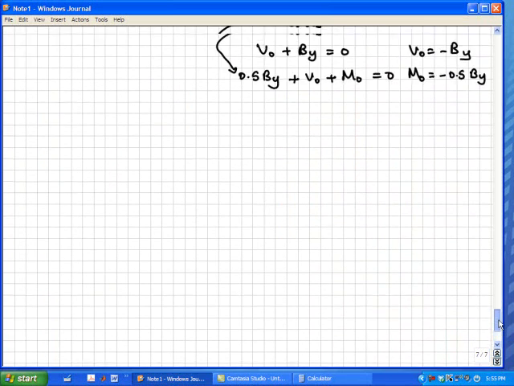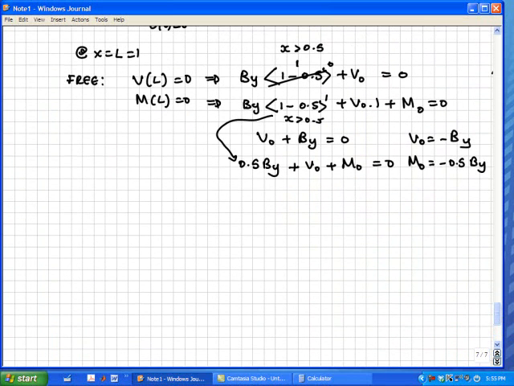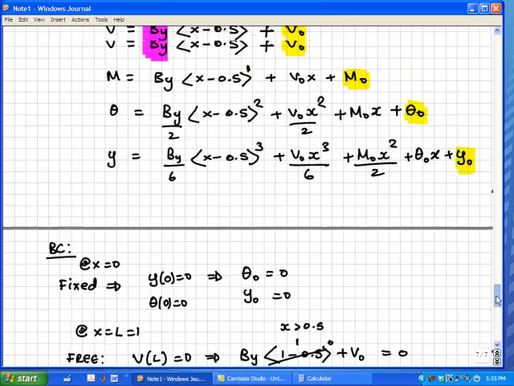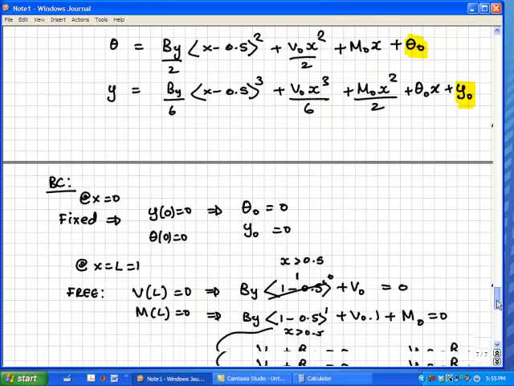So at x equal to half, y must be equal to 0. That is how we find that additional equation. So y is this?